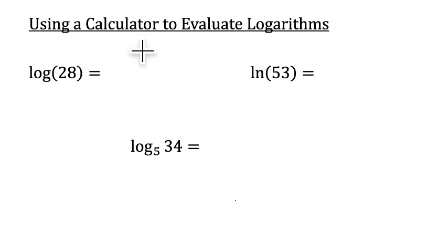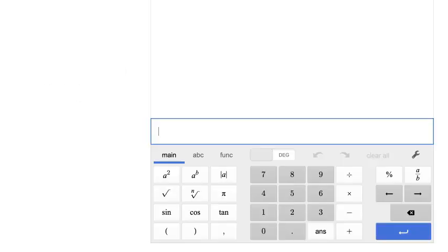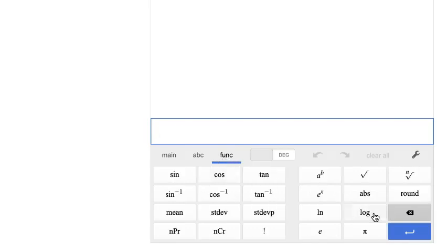First, let's review how to use a calculator to evaluate logarithms written in base 10 and base e. When we don't see a base for our logarithms, we understand it's base 10. So this is log base 10 of 28. Now with a scientific calculator, we use the log button to easily calculate our base 10 logarithms.